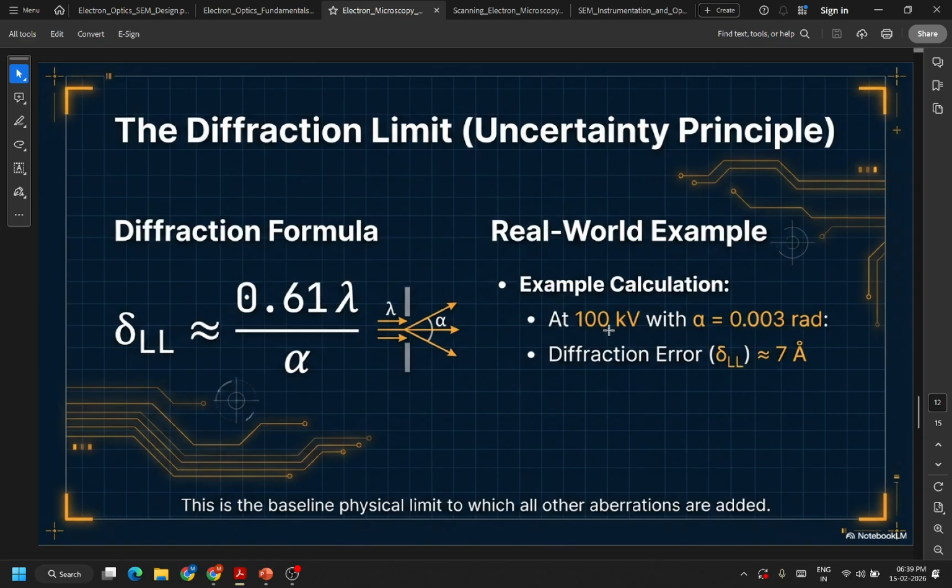But you can see, if we assume 100 kilovolts and alpha is 0.003 radians, the diffraction error comes out to be around 7 angstroms, which is much smaller than what you get by Abbe's criterion or Rayleigh criterion for photon optics. So this is the baseline limit, and once you add other aberrations, your final resolution will be higher.